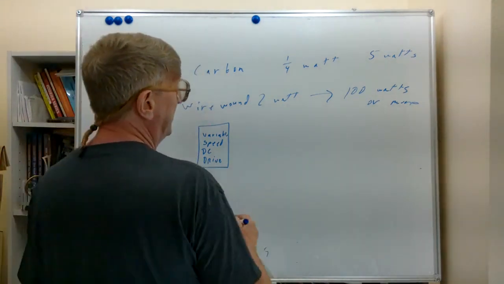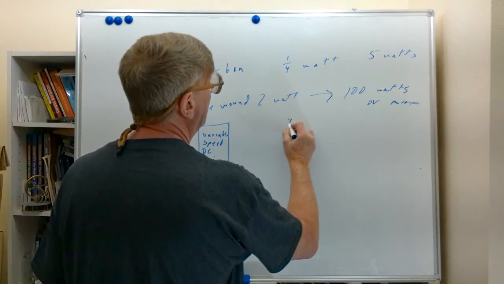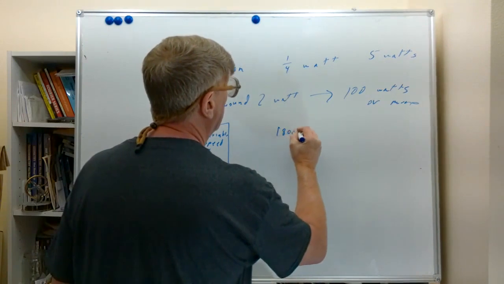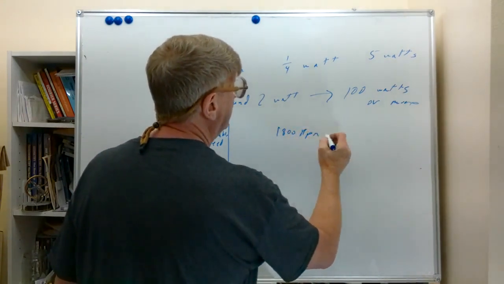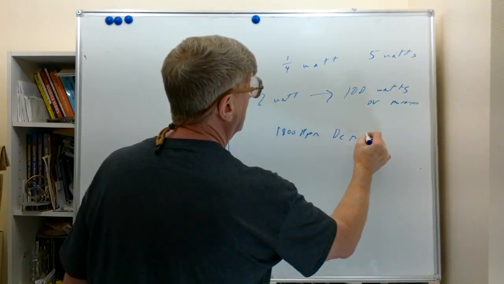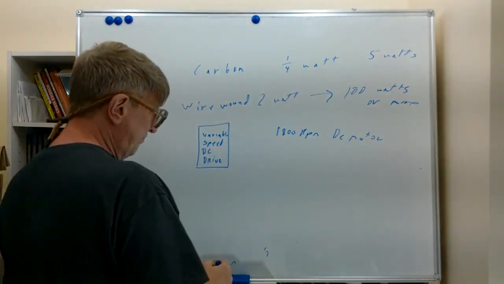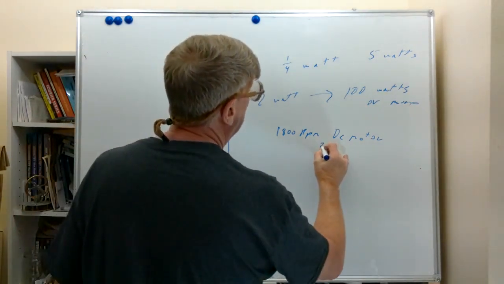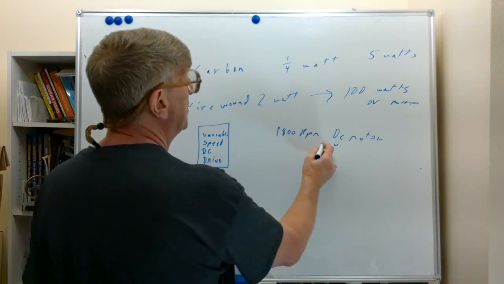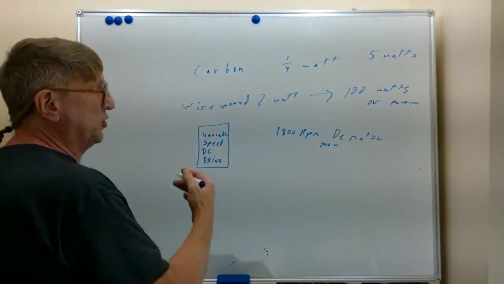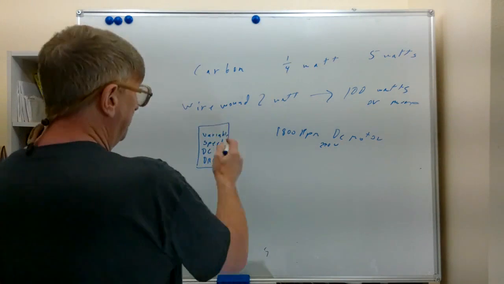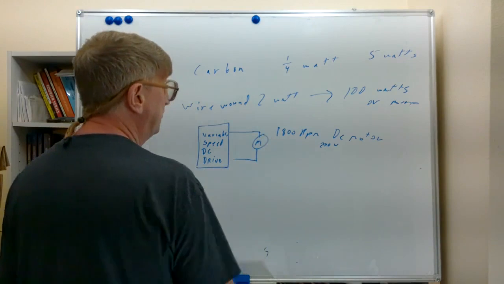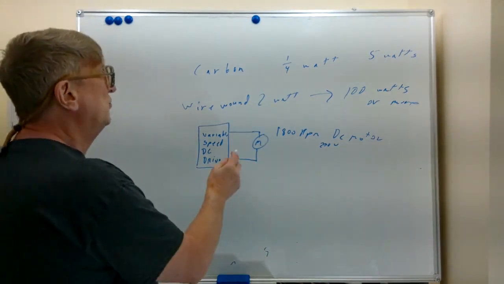Say it's an 1800 RPM, 200 volt DC motor. If we want to run it at 900 RPM, we put about 100 volts to it. I'll put an M for motor. The DC drive is, in its simplest terms, a variable voltage supply for that motor.